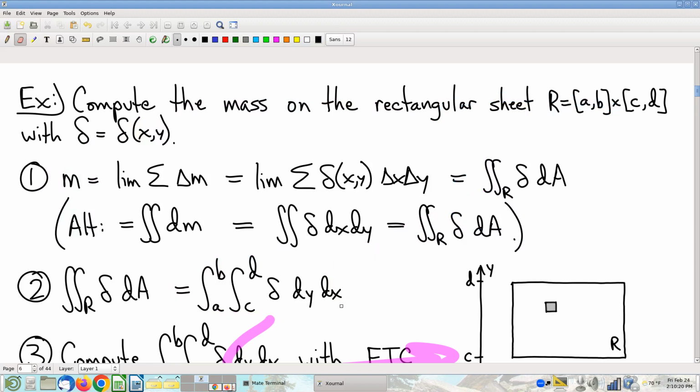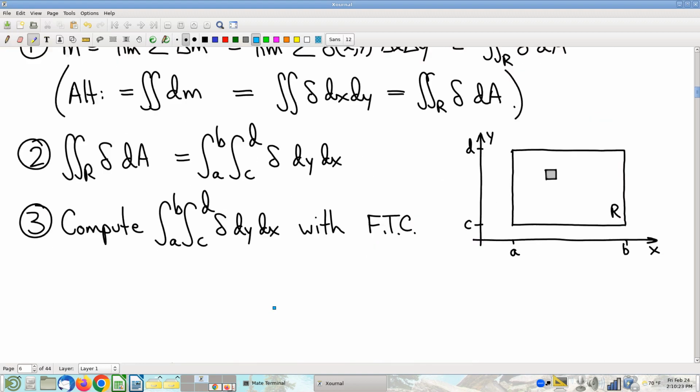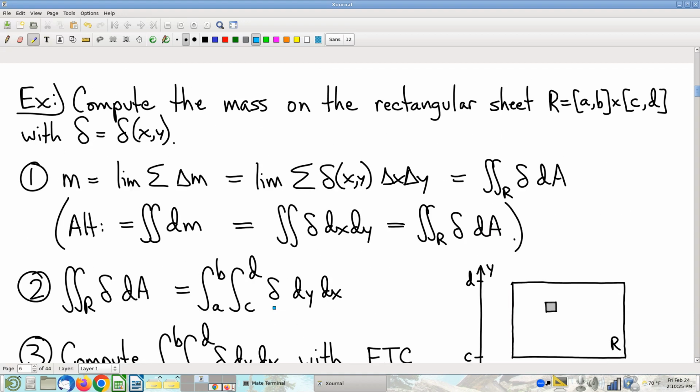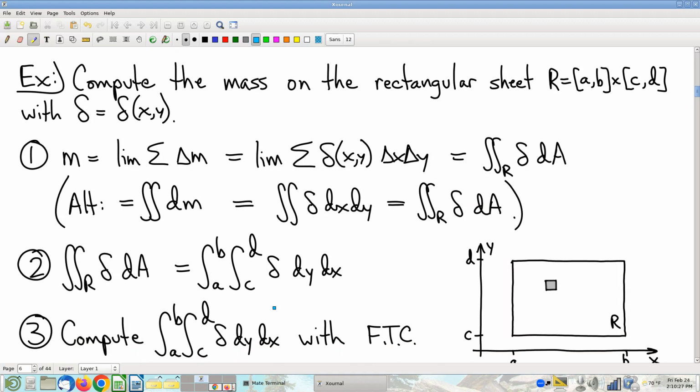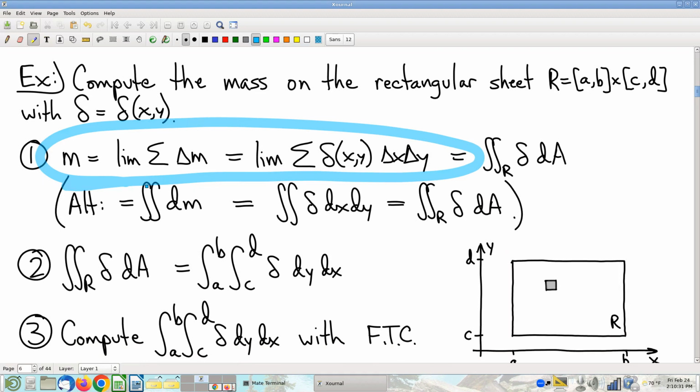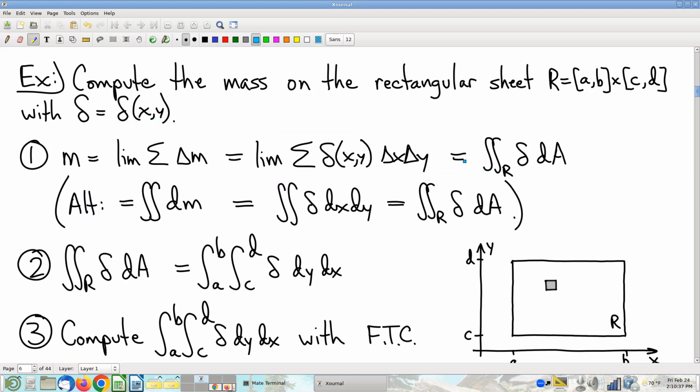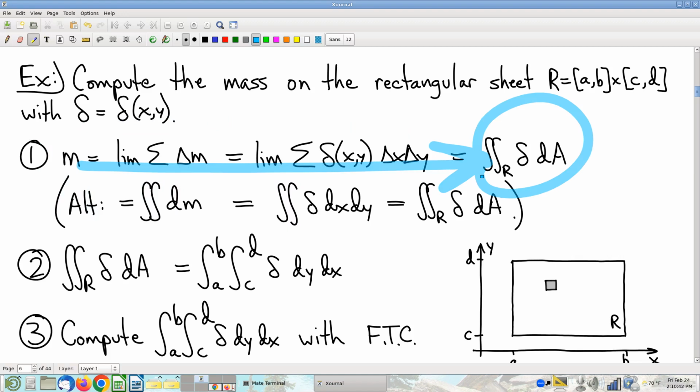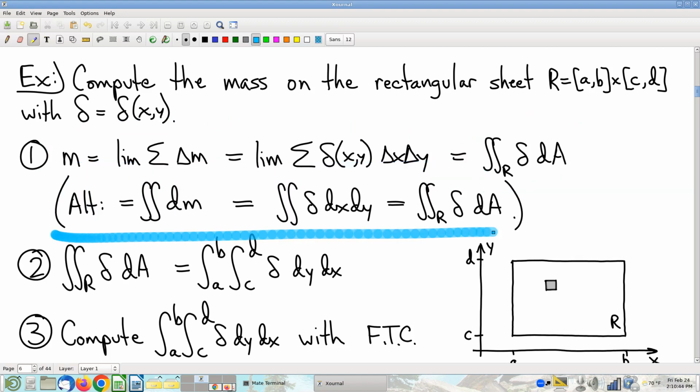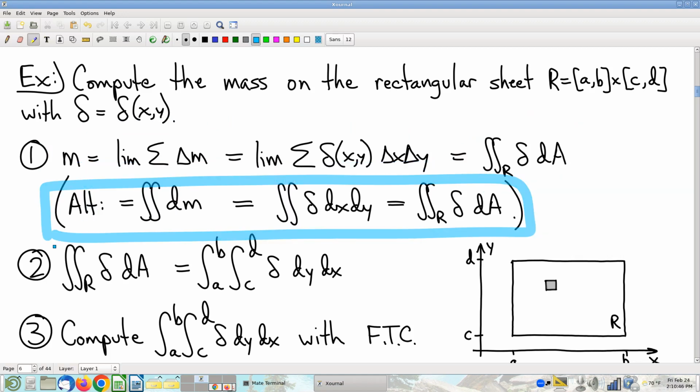Alrighty. So, I want to say a real quick thing about notation. Not that you necessarily would write this out every time. I don't. Most people don't. But if you do find yourself developing a Riemann sum as you work your way up to a double integral, notice this sort of alternative notation down here. I find this very convenient.